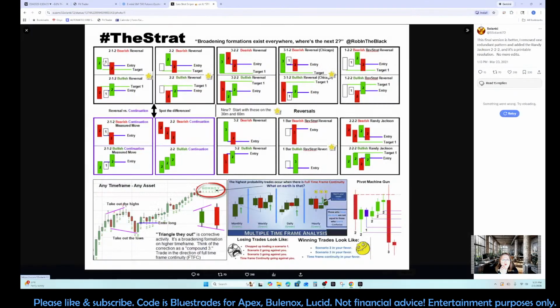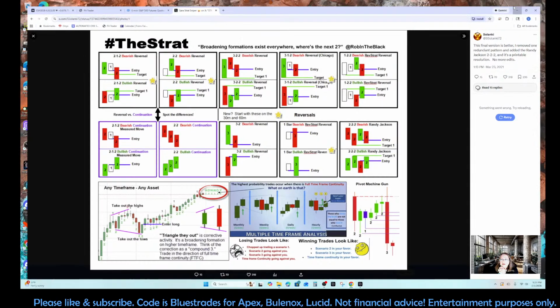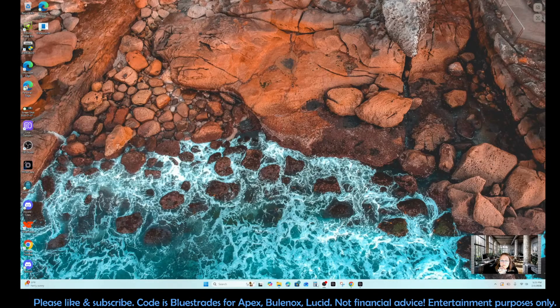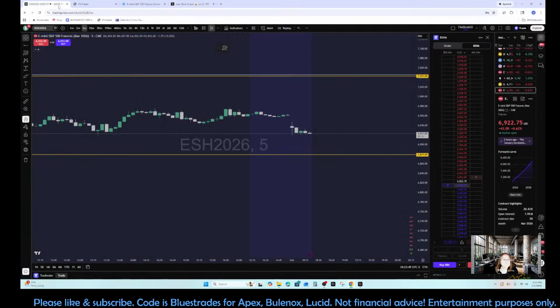So you have a 1, which is completely inside of the previous candle. You have a 2, which is a directional bar. You can either be down or up, which means it broke the previous candle high or low. Okay, that is what would be a 2. Where did my TradingView go? That would be a 2.